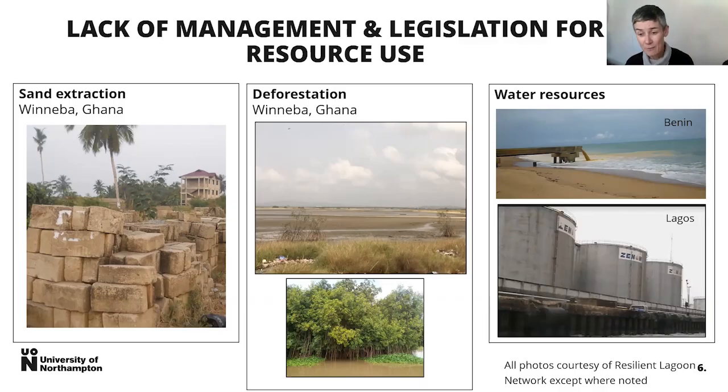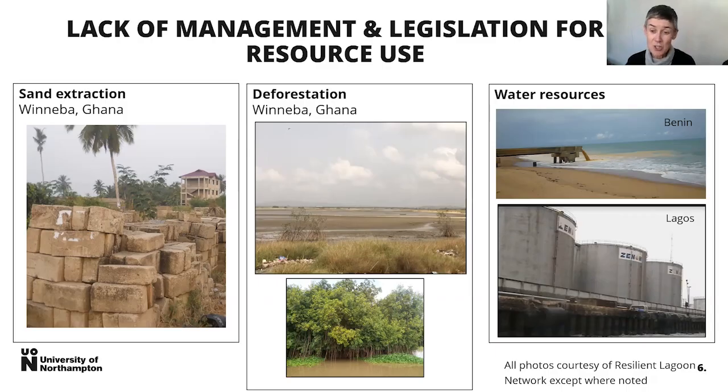Now, I mentioned the effluents already related to sewerage and waste in terms of hard plastics. There are also challenges around the regulation of industrial effluents. Nigeria has some of the worst oil spillages and discharges in the globe.